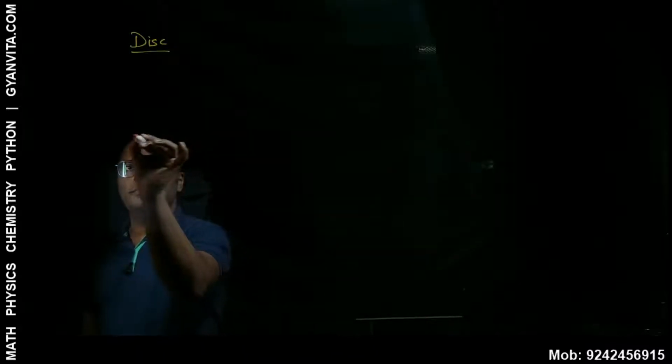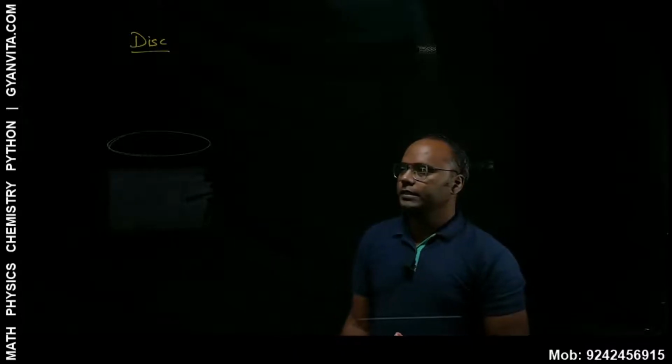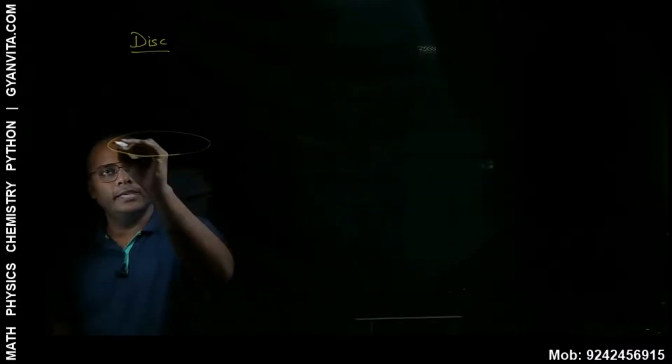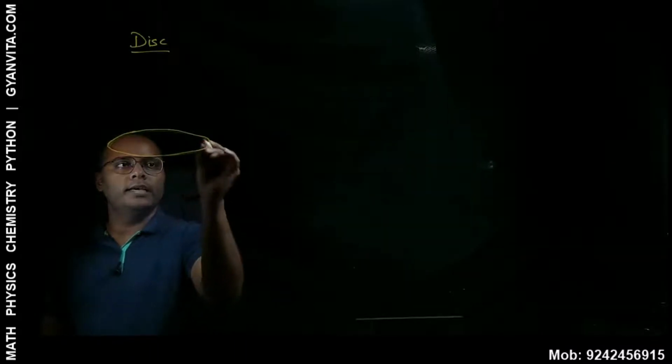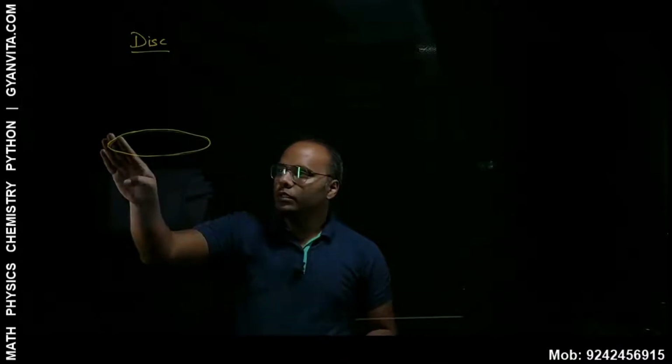So this is our disk. It has width, and it has depth or height as well, but that depth is very small compared to the diameter. So this plane surface has some area.